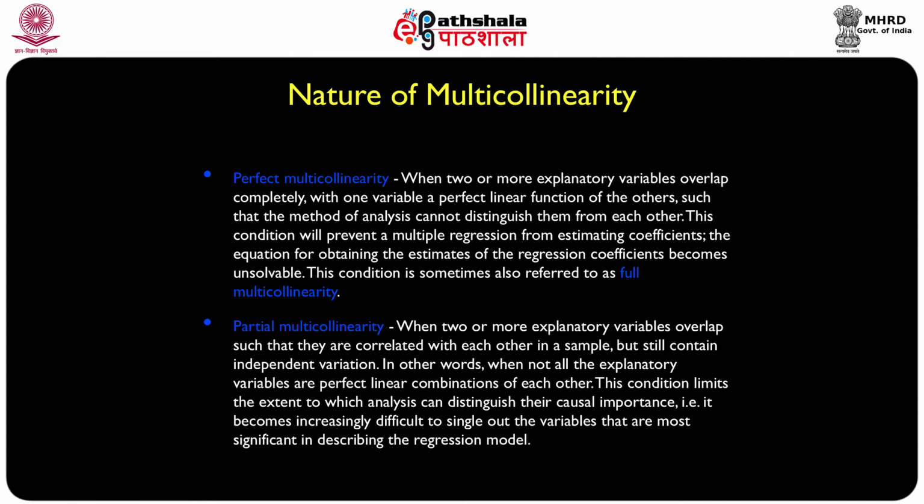This condition limits the extent to which analysis can distinguish the causal importance of one explanatory variable from another. That is, it becomes increasingly difficult to single out the variables that are most significant in describing the regression model.